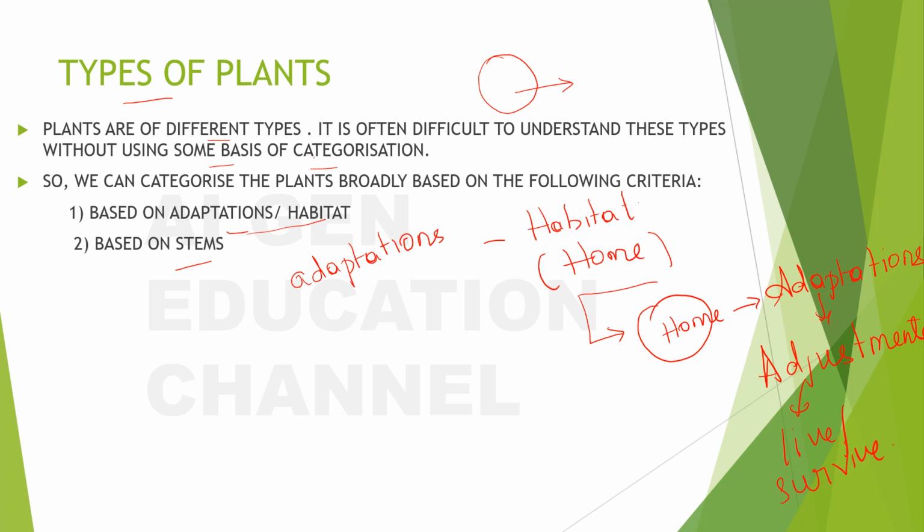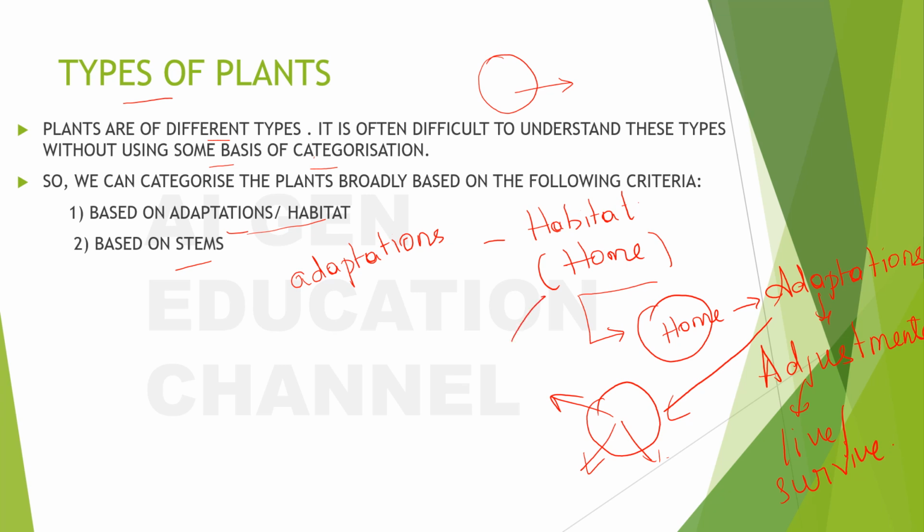So it doesn't happen immediately. Adaptations take hundreds of years, and after that, every organism or plant that wants to stay at that particular habitat will develop some peculiar aspects, some unique things that will help that plant or organism to live in that particular place.